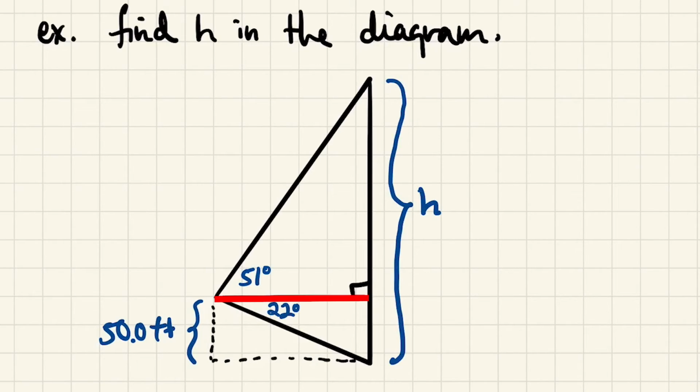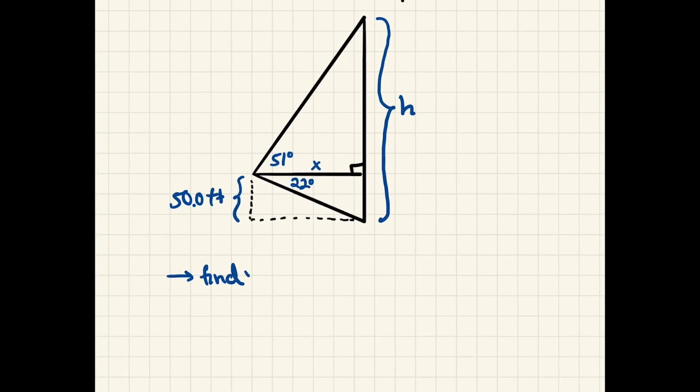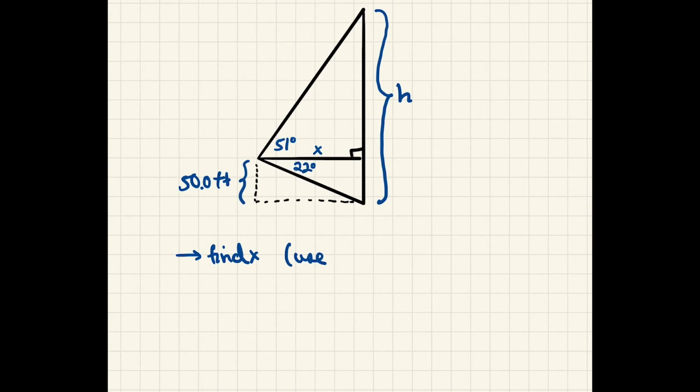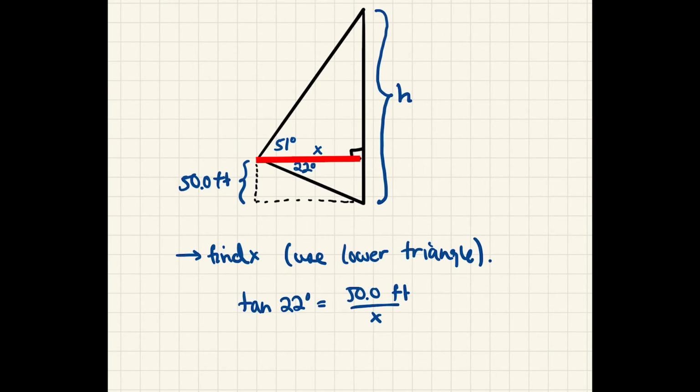So let's call this intermediate length x, and our first job will be to find x. We're going to use the smaller triangle. Let's call it the lower triangle. Tangent of 22 degrees is 50 feet divided by x.